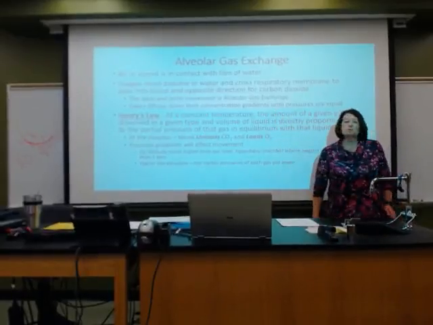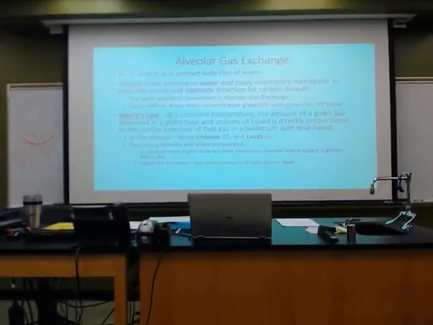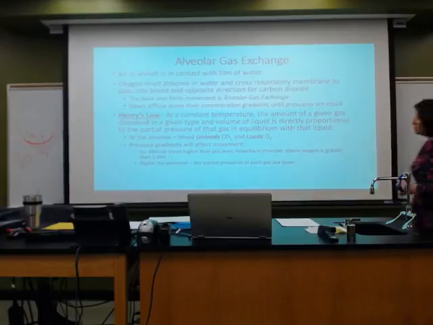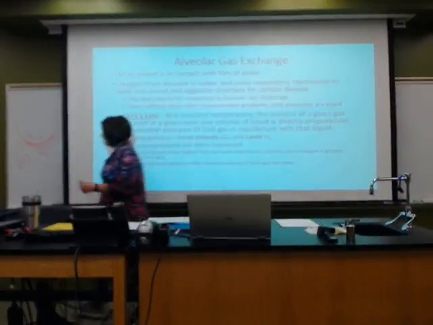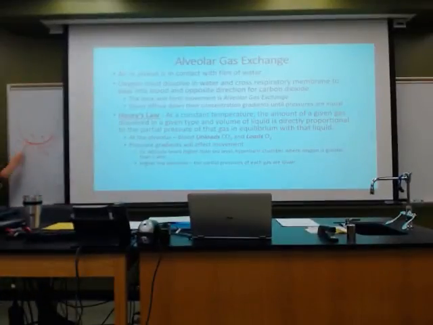They want to move down their concentration gradient. So they want to go from the area of high concentration to low concentration. So if oxygen is high in my alveoli, low in my blood, it wants to move in that direction. If the CO2 is high in the blood, low in the alveoli, it wants to move in that direction.